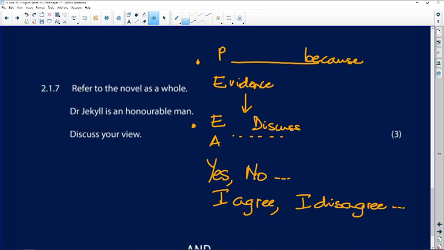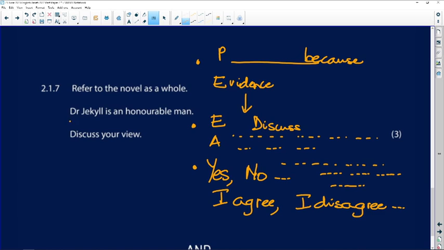Then you might want to bullet. We see this when he develops a potion which he can drink, which releases Mr. Hyde, who is violent and evil, right? And then your analysis. This shows me that he's not honorable because he wants to explore those hidden, disruptive, and vicious aspects of his own nature.